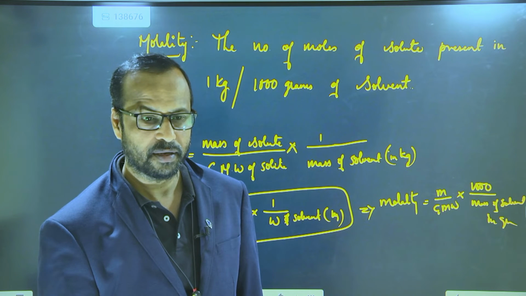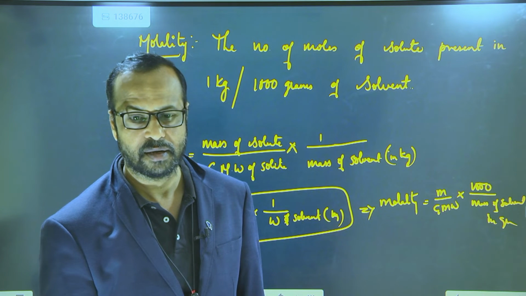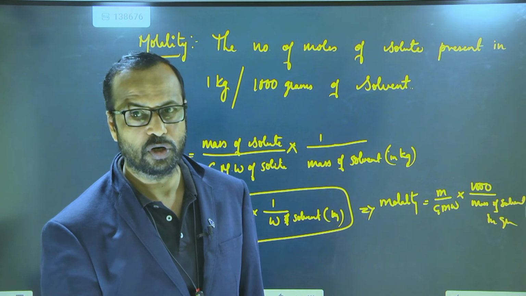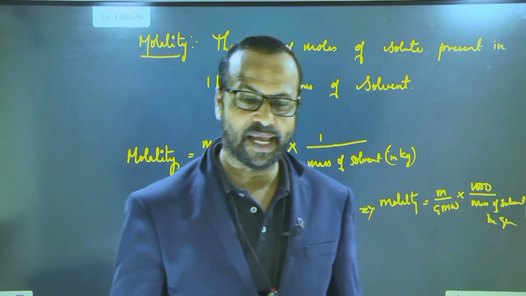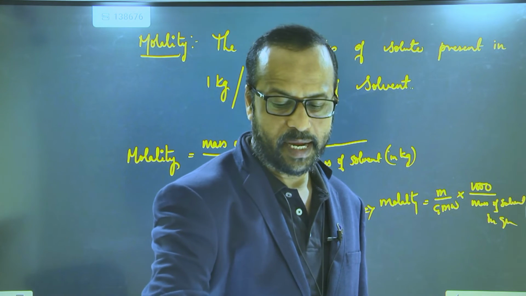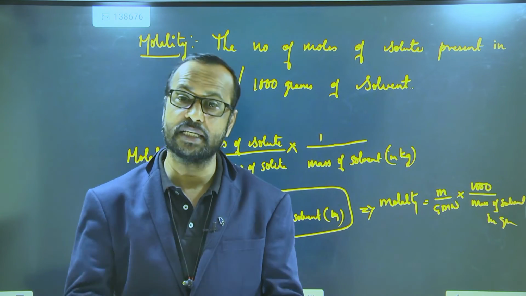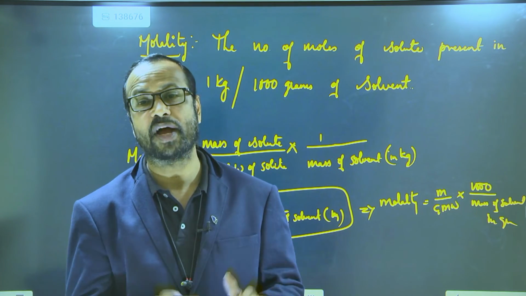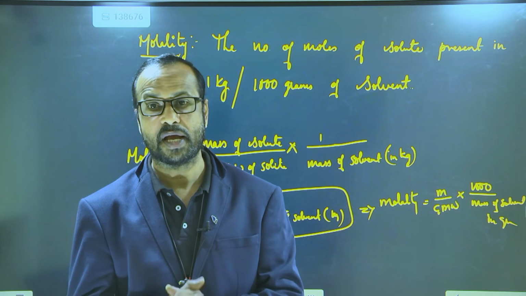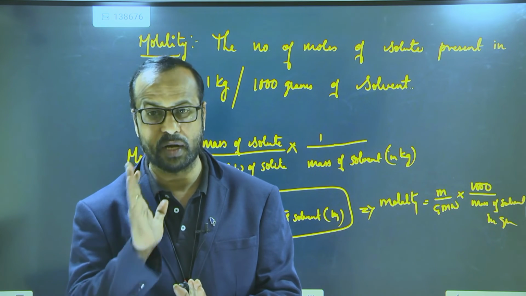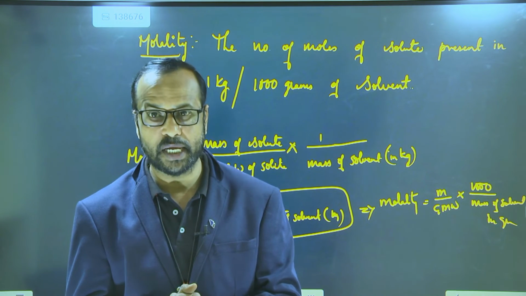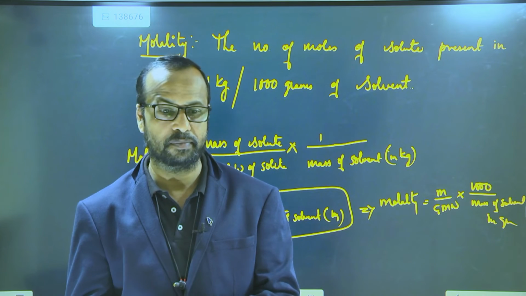Have you written? Yes, sir. So 9.8 grams of sulfuric acid is dissolved in 500 grams of water. Now calculate the molality.